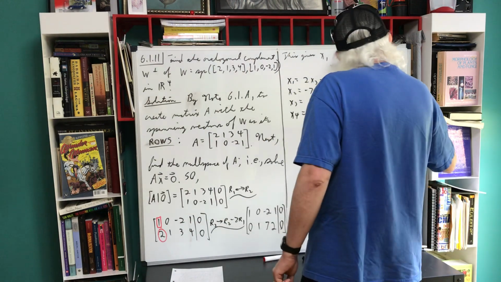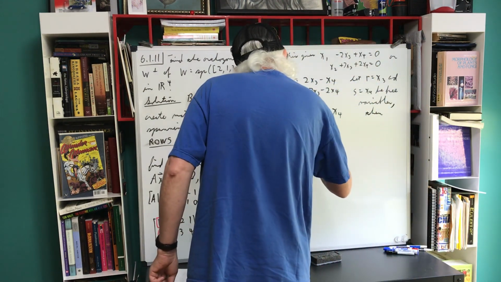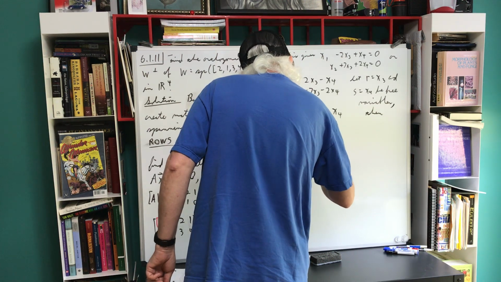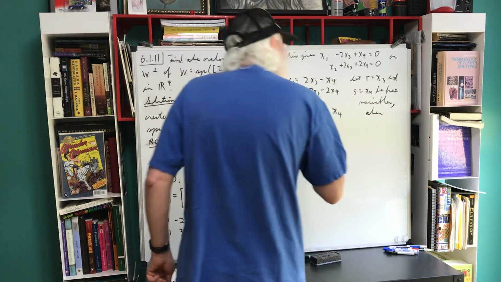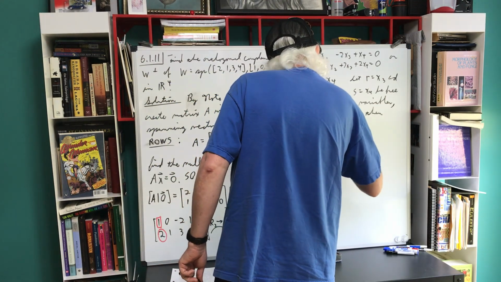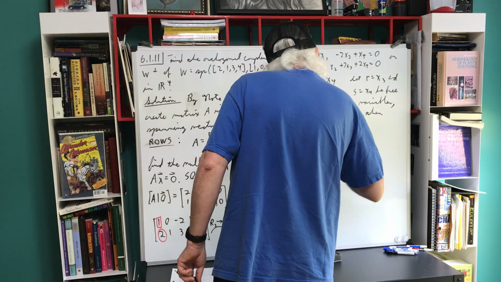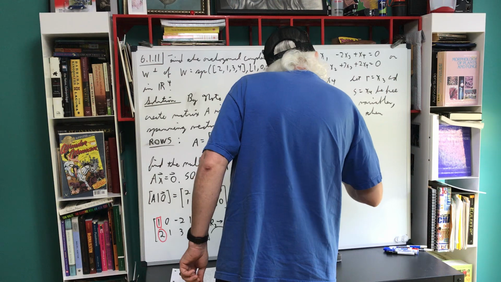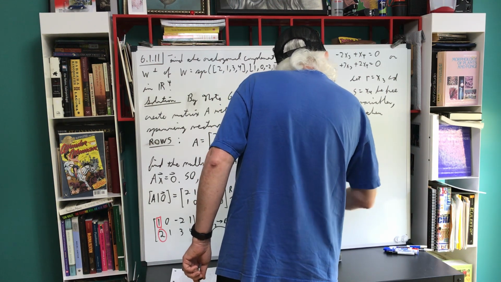Then, continuing down here, simply rewriting this in terms of R's and S's, we get 2R minus S for x1, negative 7R minus 2S for x sub 2, R for x sub 3, and S for x sub 4.